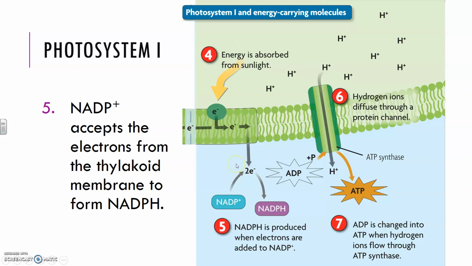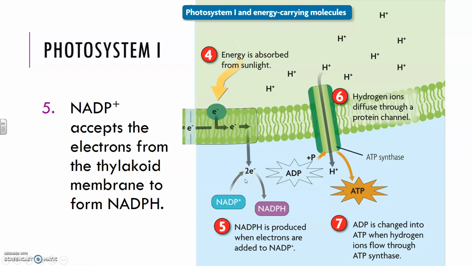Okay, so when they get kicked out, they find an NADP plus molecule. Okay, so energy from the electrons is going to be bound into that NADP plus molecule to form NADPH. Okay, and then one hydrogen is also going to bind onto this to help store some of that energy as well.